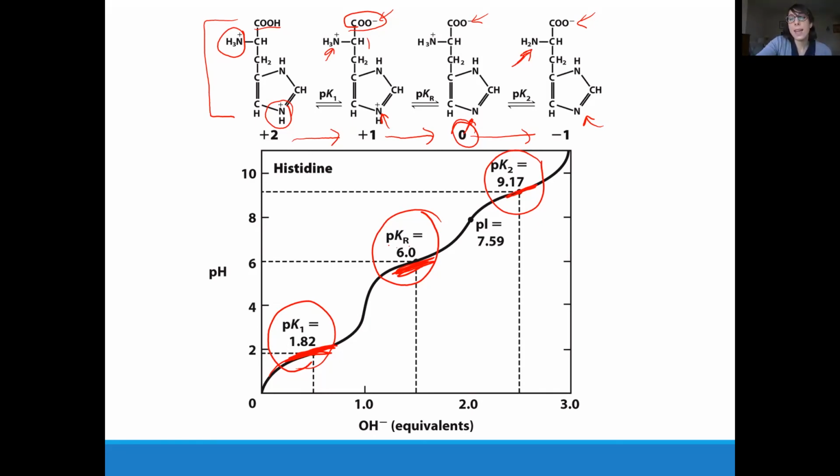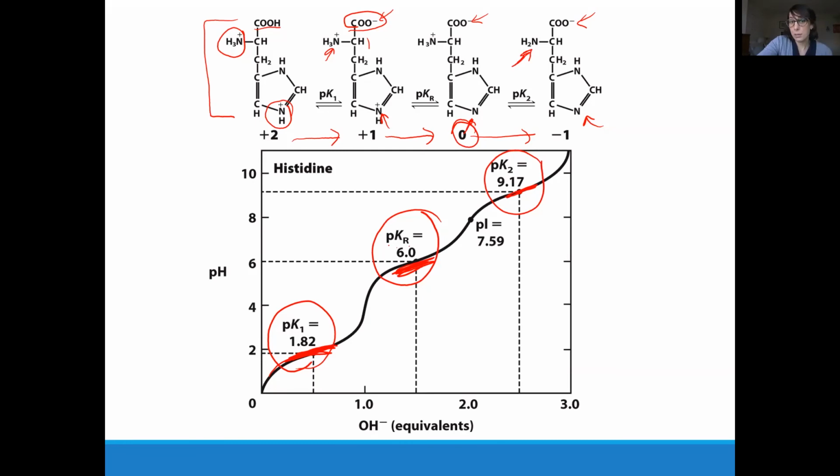Now, for a molecule like this, you'll notice that the pi, the isoelectric point, is actually in a different place. And that's because now we've added in an extra group with its own charge that dissociates at a different time.